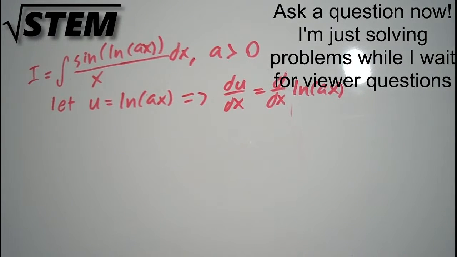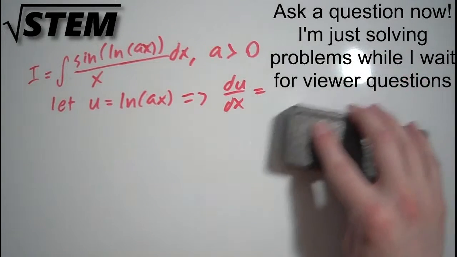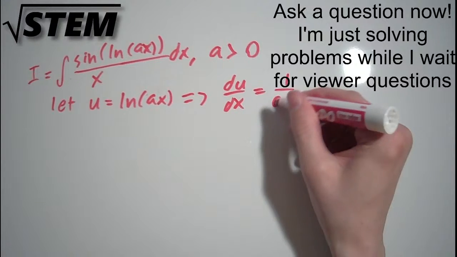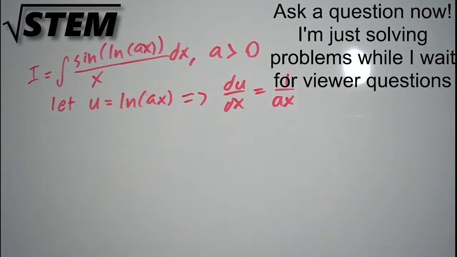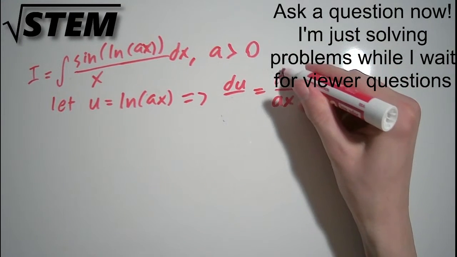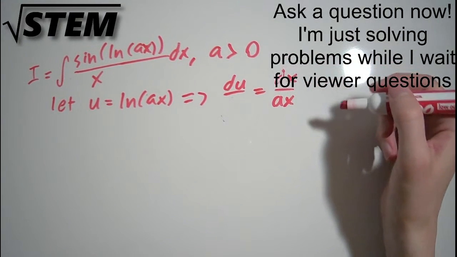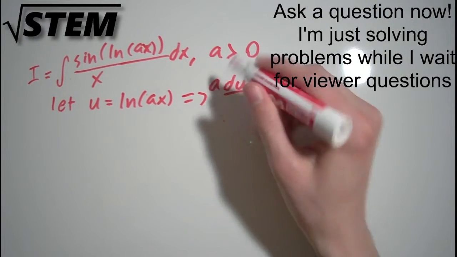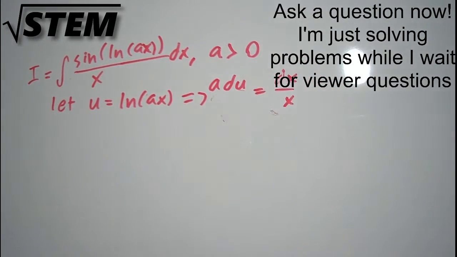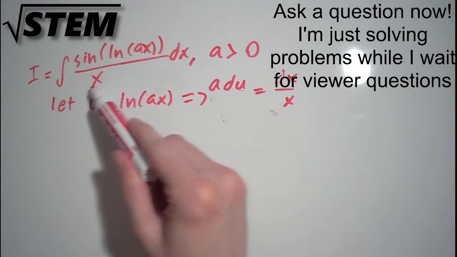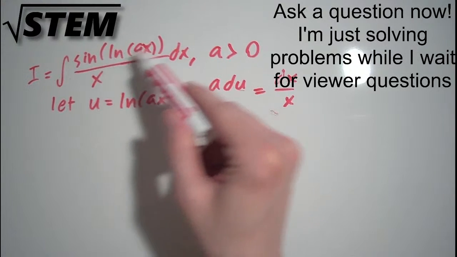The derivative of natural log of some stuff is 1 over that stuff. And then we can bring the dx to the other side. And let's bring the a up to the other side as well. So a times our du will account for dx over x.